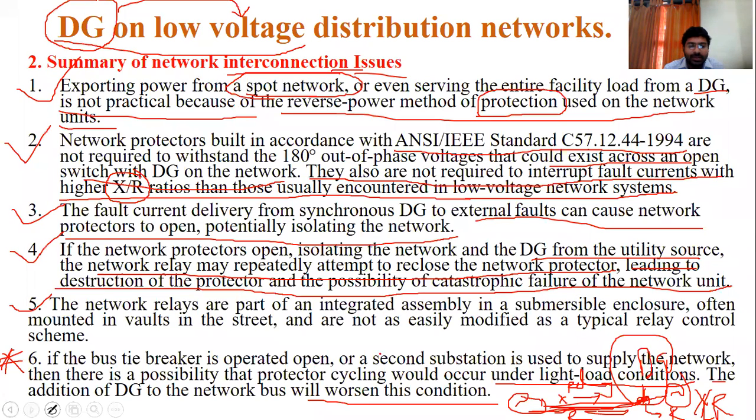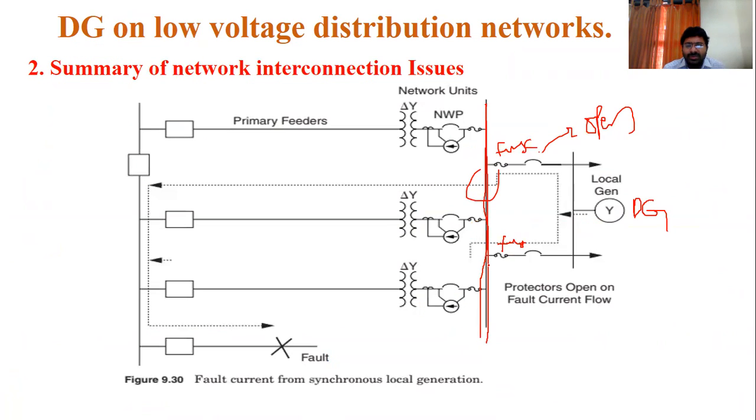What will happen here? The second substation is used to supply the network, because we are not saying exactly the second substation; it is based on where our switch is open. It is near substation 1 or substation 2 or substation 3.